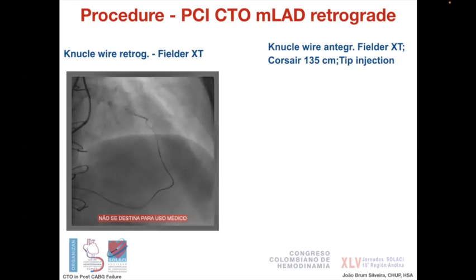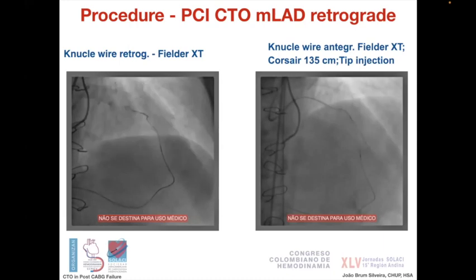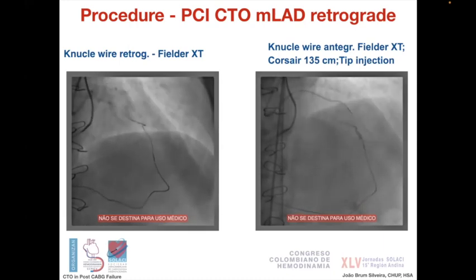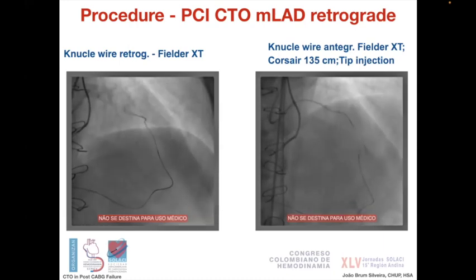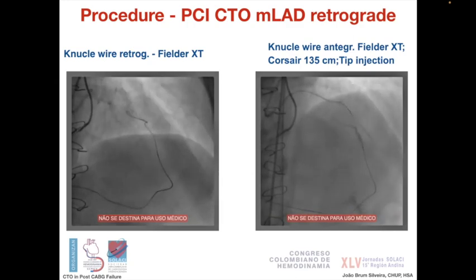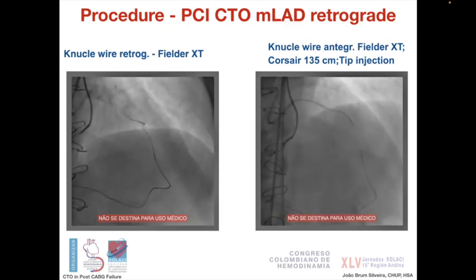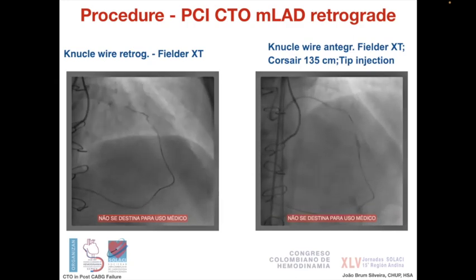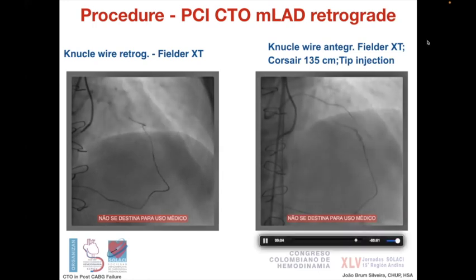This is what we did. We just pushed the Fielder XT-R. We also performed a knuckle in the proximal LAD, and after that we did a tip injection, because the guide wires and the microcatheters are in completely different spaces.